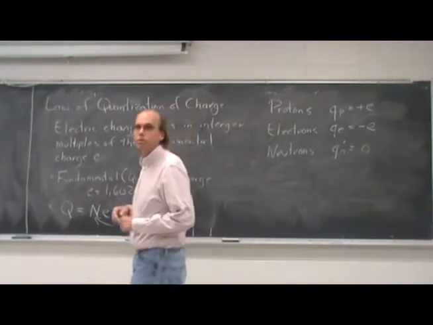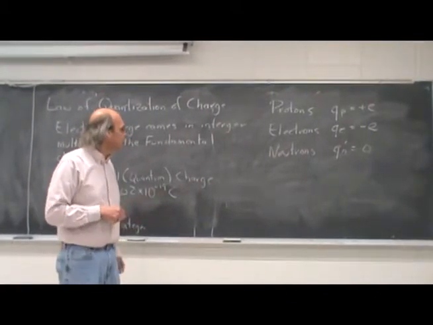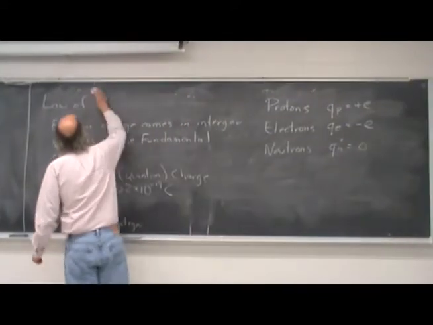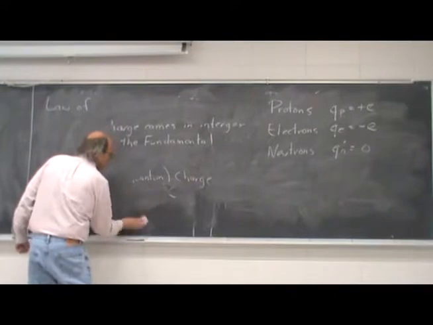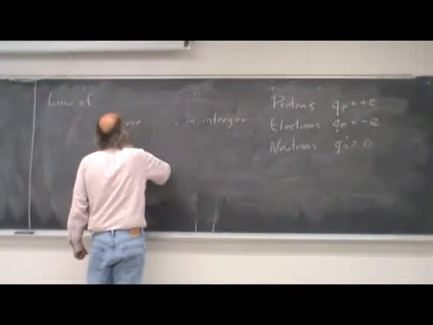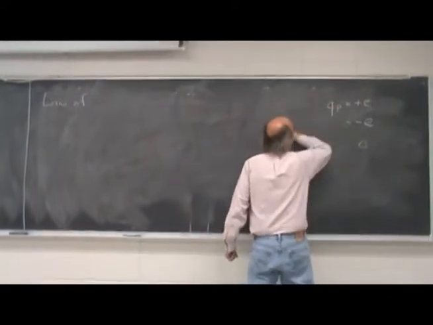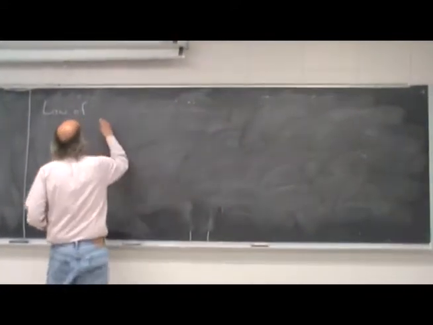Okay, I said it was the most important feature in most processes, so it'd be kind of nice if it stayed around, and it does. So charge is conserved. So, our second physical law is the law of conservation of charge.